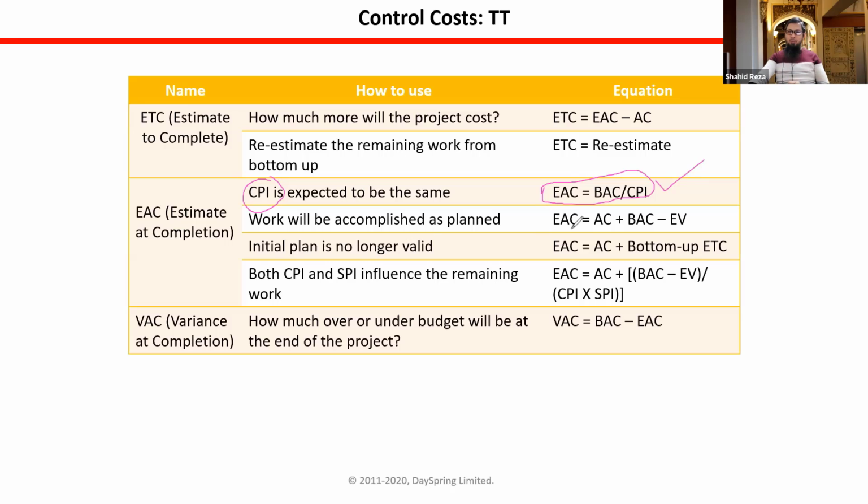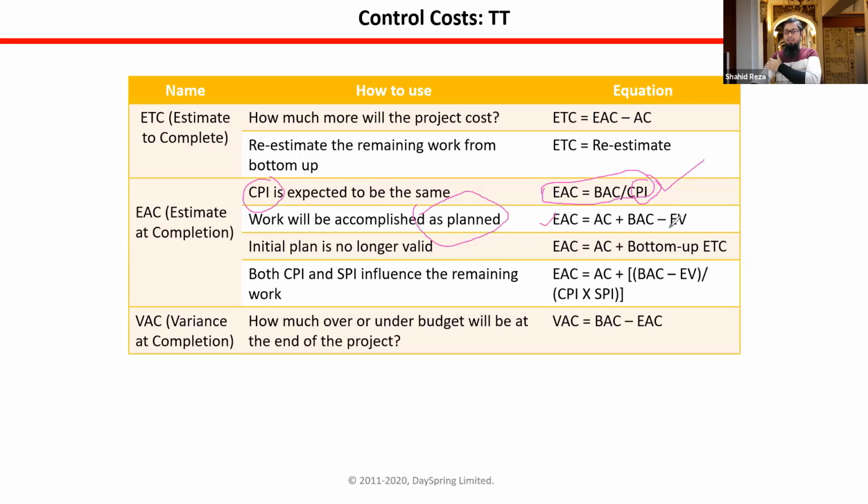So the second variation of the formula is this. When shall we use this formula? When work will be accomplished as planned. That means for the rest of the project, maybe we cannot continue the same CPI. So what we are thinking is that the earlier plan we have made will be sustained for the rest of the project.